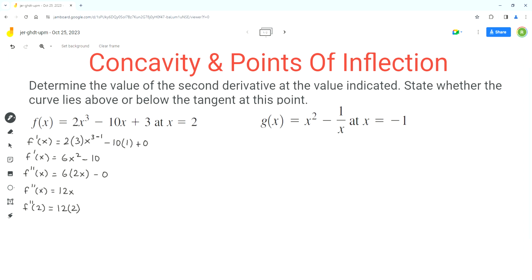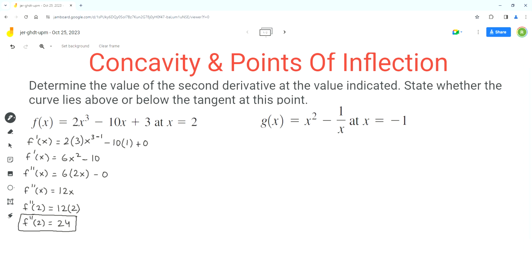Now we can multiply 12 and 2. So f double prime of 2 is 24. This is the value of the second derivative at x equals 2. So this should be the final answer for the first part.